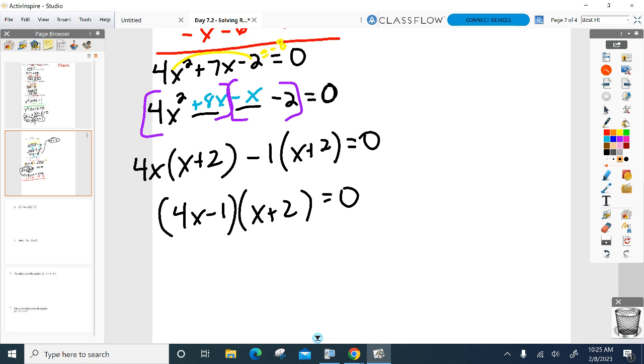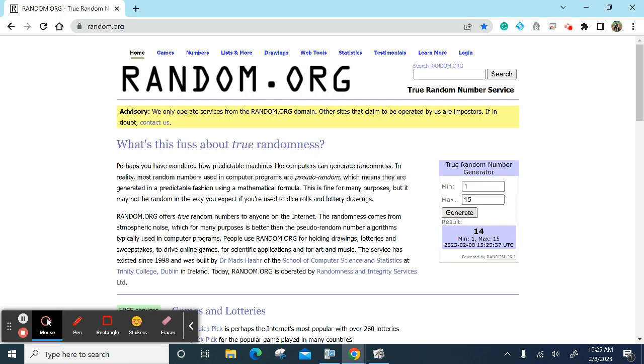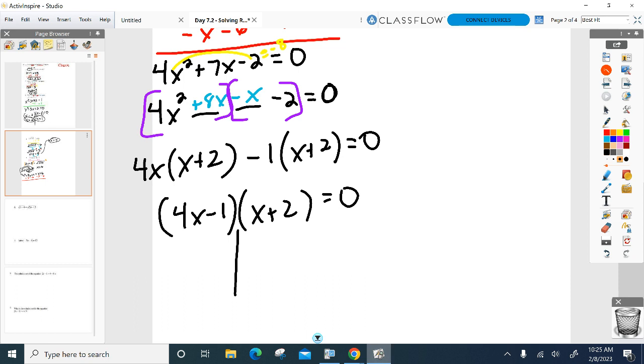All right, 2 possible answers. And again, I keep saying possible because we're going to have to check them. When I set each of those parentheses equal to 0, what's x going to be for each of them? So that x plus 2 is x equals -2.